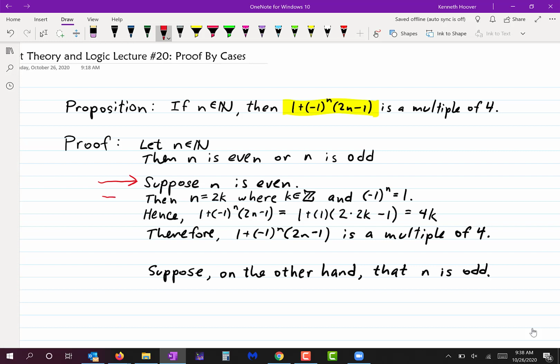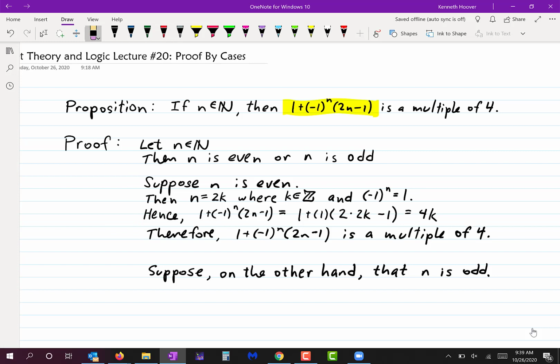We will then write down what it means for n to be odd, and this will be a negative one instead of a positive one. And then we will substitute that in for n and work it out. And we will end up again with 4 times something. And we'll make our conclusion, okay? It'll be the same exact pattern.